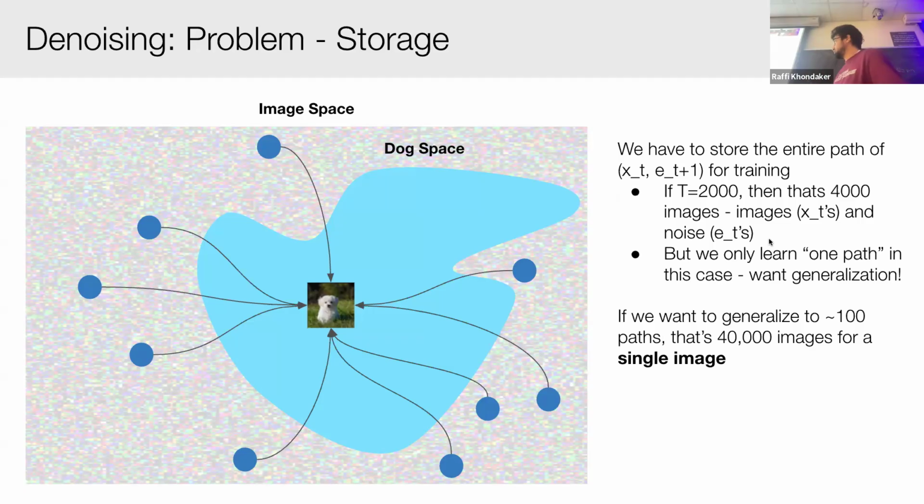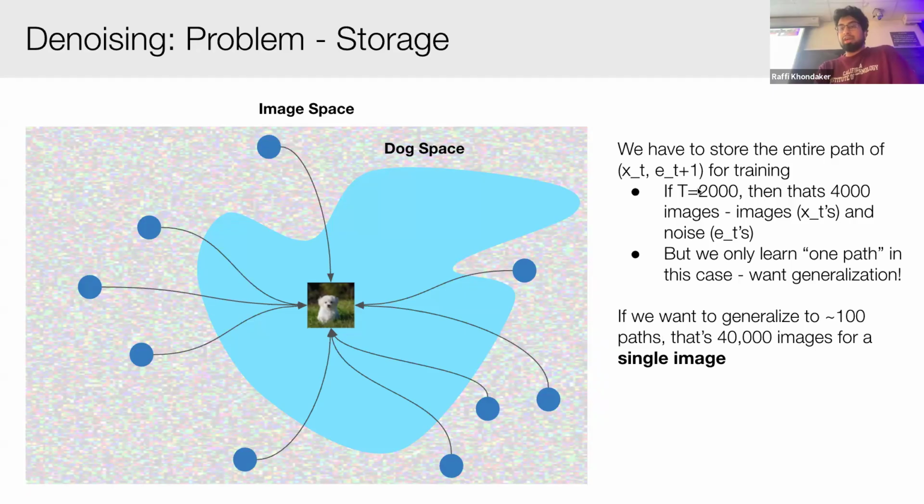One, machine learning aside, this would force us to store the entire path. If we take 1,000 or 2,000 steps, that requires us to store that many noisy images, and the amount of noise that was added incrementally.